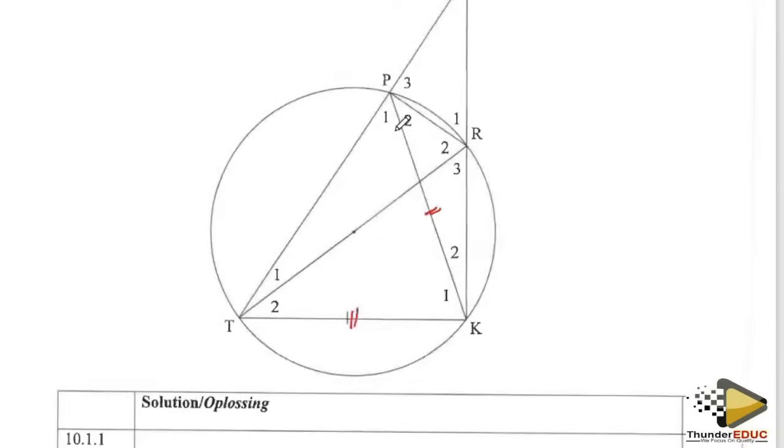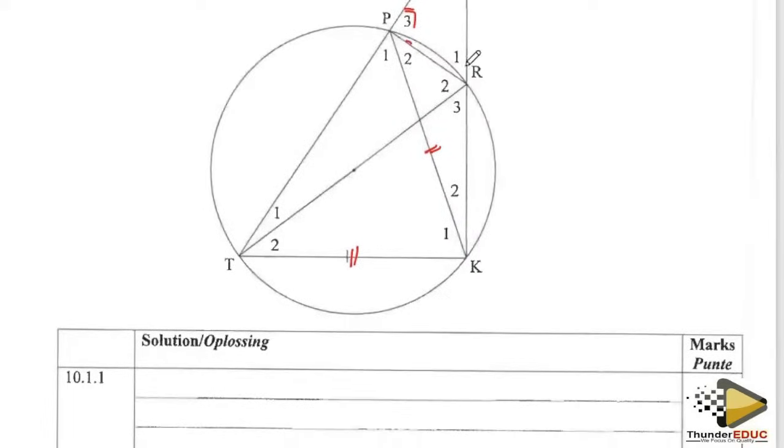How do we prove that P3 is 90? I'll start by finding K. Remember, they told us that this is a diameter. That is a diameter, and there is a proper triangle within that kind of format, which means P1 and P2 is going to be 90.